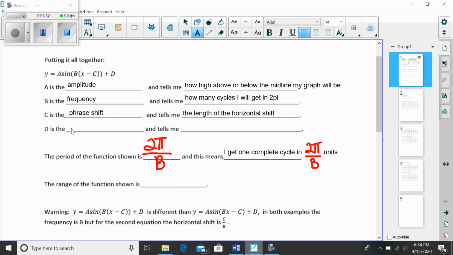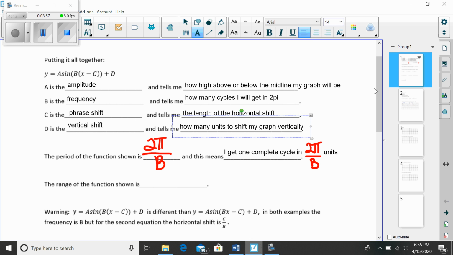And then D is the vertical shift, and tells me how many units to shift my graph vertically.